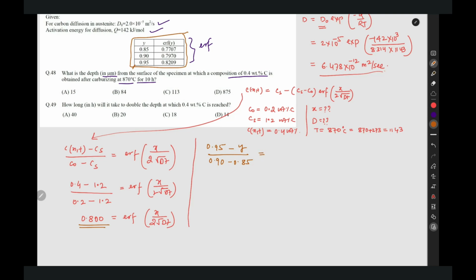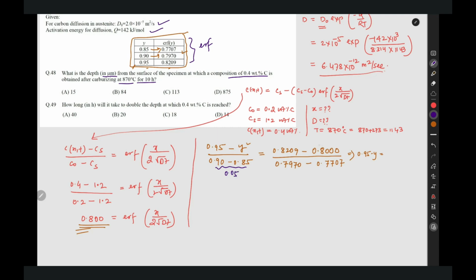Similarly, we take the values from the right side also: erf corresponding to 0.95 is 0.8209, minus the value corresponding to y, which is 0.8, divided by, corresponding to 0.9 we have 0.7970, minus, corresponding to 0.85 we have 0.7707.